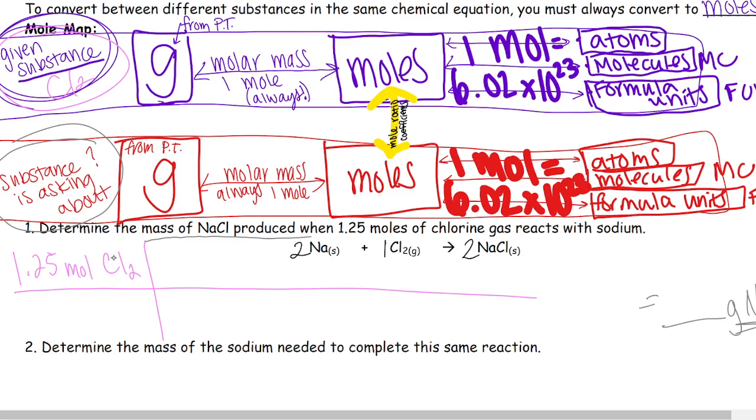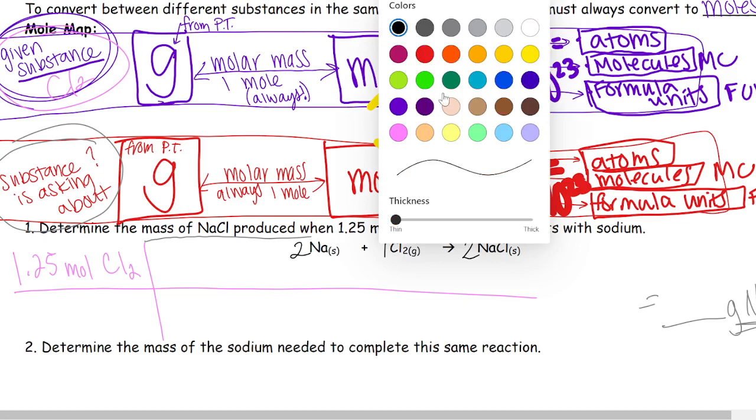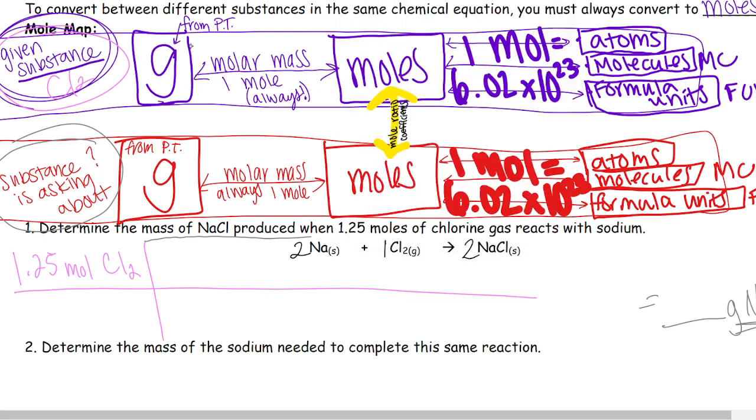So if I start in my given substance of Cl2, my goal is to get to the other substance. I'm starting in moles of my given. So instead of starting here, I'm actually skipping a step and starting here because my given was given to me in moles already.